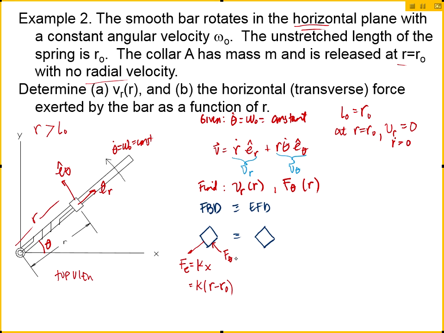And the force of the bar on the collar actually has two components, right? One in the vertical and one perpendicular to the bar in the horizontal. There's no force in the radial direction because there's no friction. It's free to slide along the bar. Yes. Are we okay with the free body diagram on the left? Okay, on the right, what do we need to show?